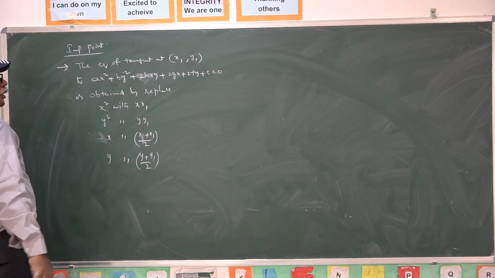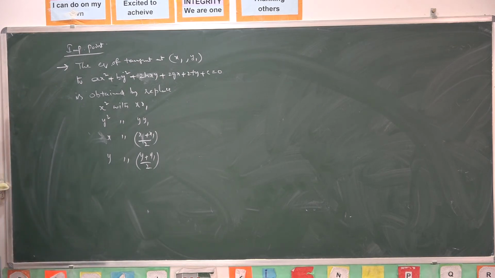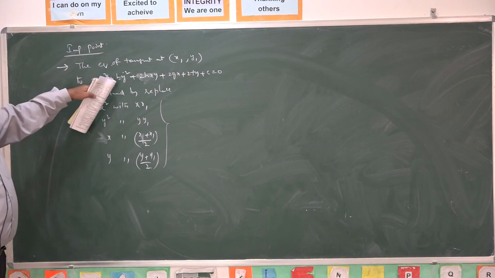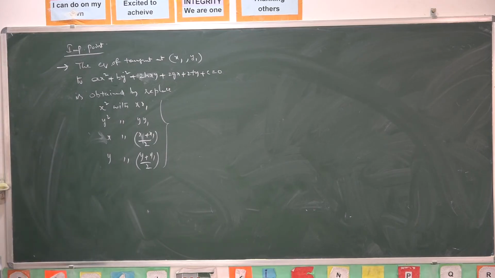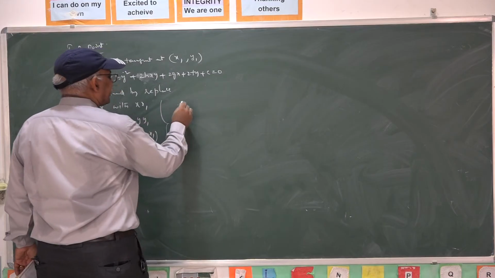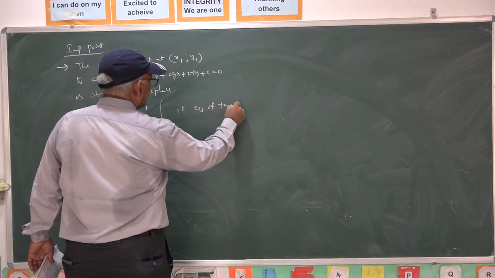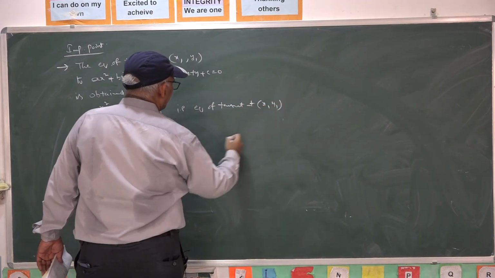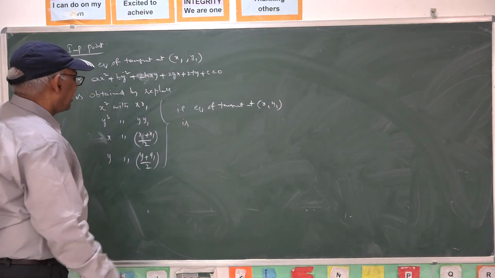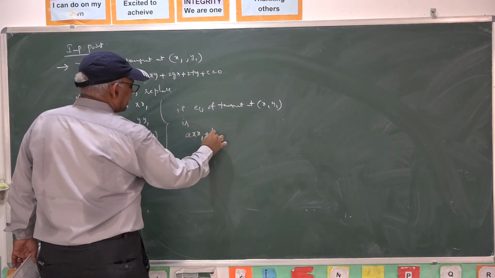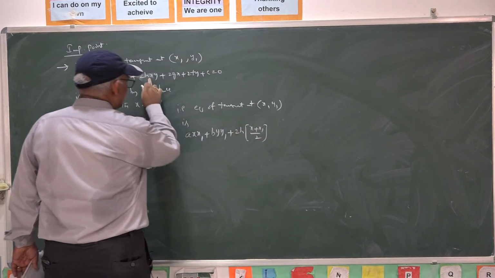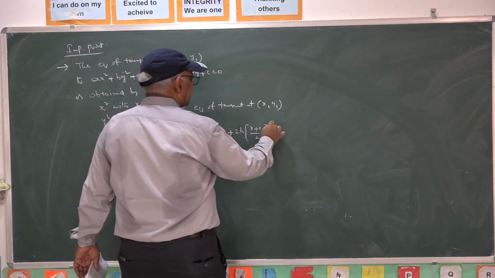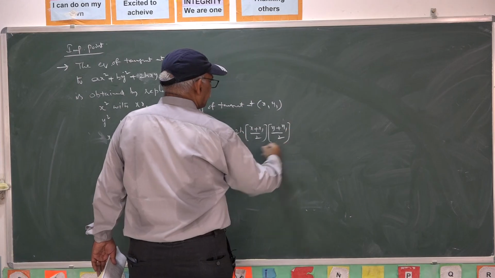Whenever you replace x square with x x1, y square with y y1, x with x plus x1 by 2, y with y plus y1 by 2, that is the equation of tangent at x1 y1, given by a x x1 plus b y y1 plus 2h into x plus x1 by 2. x is replaced by x plus x1 by 2, y is replaced by y plus y1 by 2.